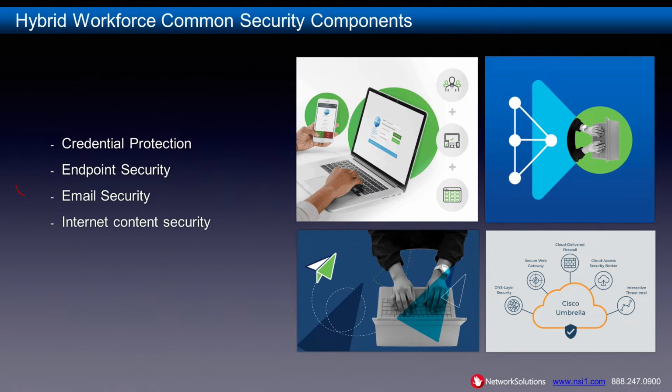And email security is the number one threat vector, number one method of ransomware compromise, and includes anti-spam, anti-malware, anti-phishing, and other capabilities. And internet content security and cloud application security, not only to protect against web-based attacks, but also to mitigate breaches between on-premise and cloud infrastructures and between cloud infrastructures.